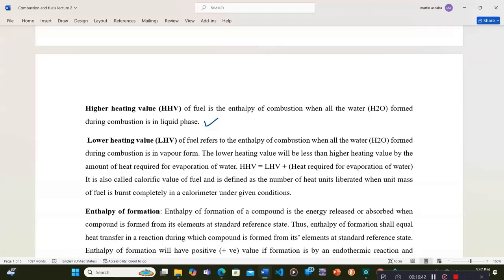So the lower value will be less than the higher heating value by the amount of heat required to evaporate water, that is the latent heat of vaporization of water. So if I add it to the lower heating value, I would get the higher heating value. It is also called the calorific value of fuel and is defined as the number of heat units liberated when a unit mass of fuel is burnt completely in a calorimeter under given conditions.